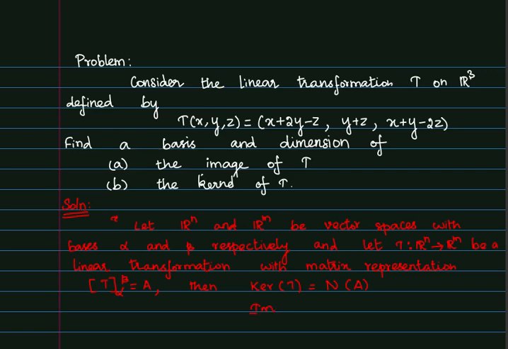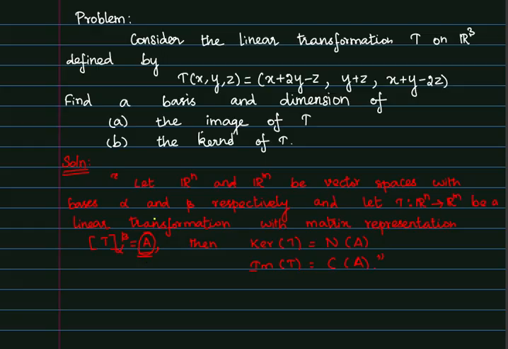Similarly, the image of T equals the column space of A. So my first aim is to find what A is. Then the kernel of T is the null space of A, and the image of T is the column space of A. We already know how to find the column space and null space of A. Whenever we convert, we require alpha and beta.